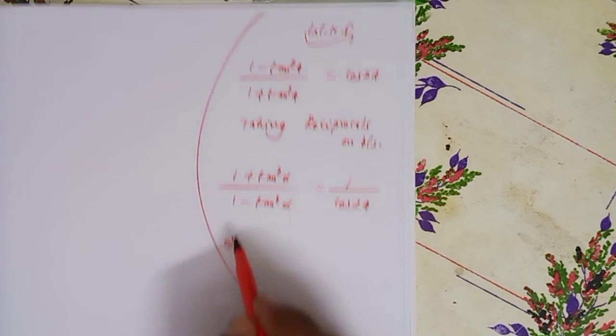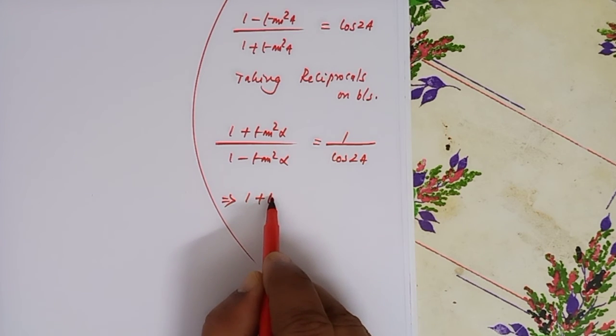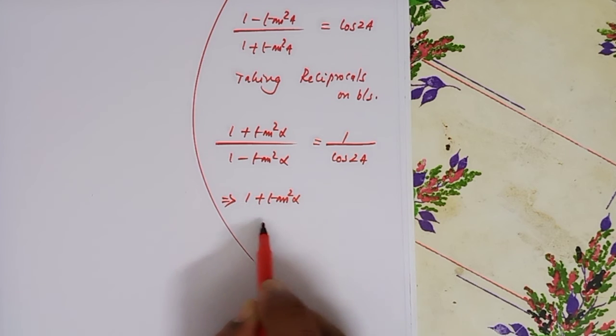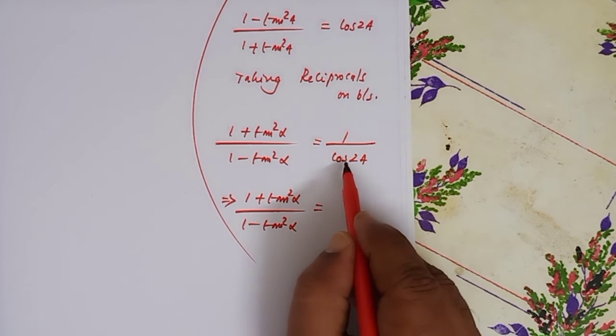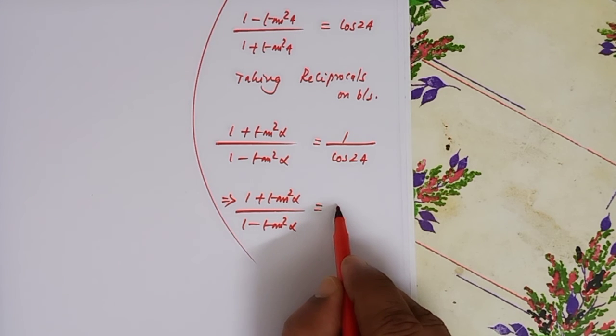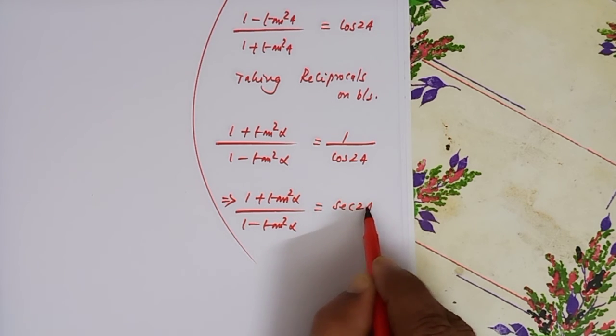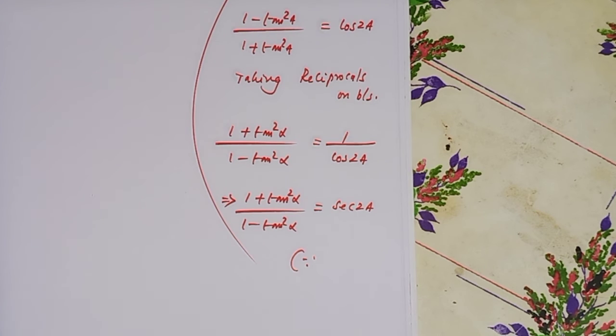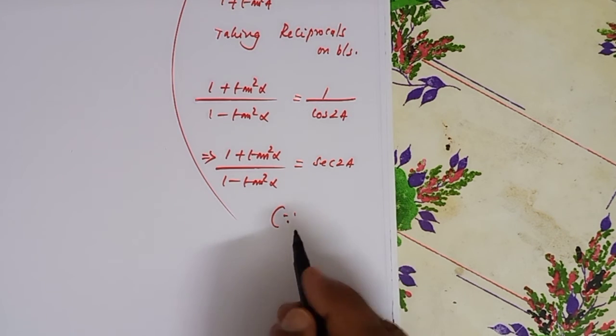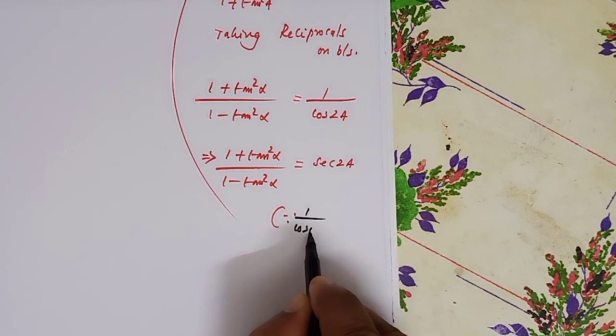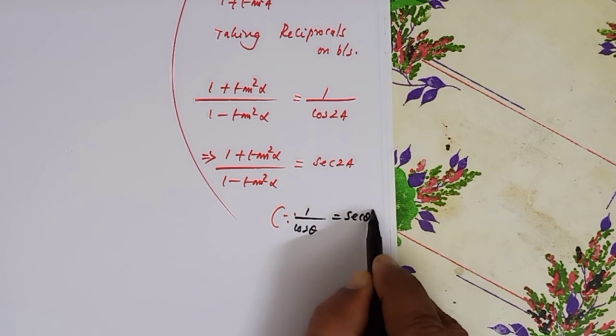Writing the left hand side as it is, (1 + tan² a)/(1 − tan² a) equals secant 2a. The reason is that 1 by cos θ is equal to secant θ.